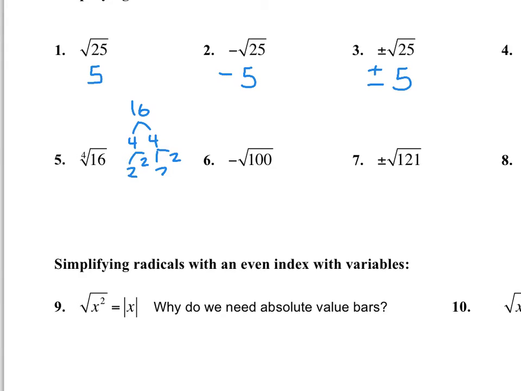So over here, we have the 4th root of 2 to the 4th, which can also be written as the 4th root of 2 times 2 times 2 times 2. So whatever the index is, that's how many you need on the inside to be able to simplify it. So we need 4 of something, we have 4 2's, so the final answer is just 2.